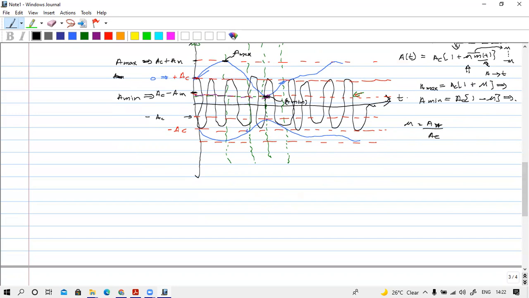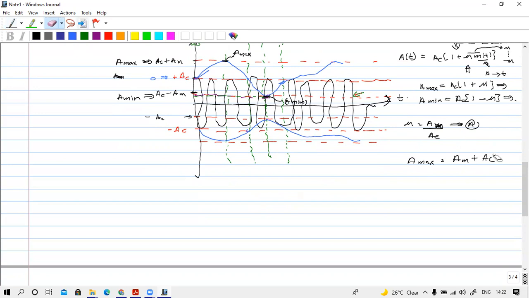We already defined this mu. So mu is equal to A_M by A_C. If you apply this A_M by A_C here, you will get A max as A_C plus A_M.